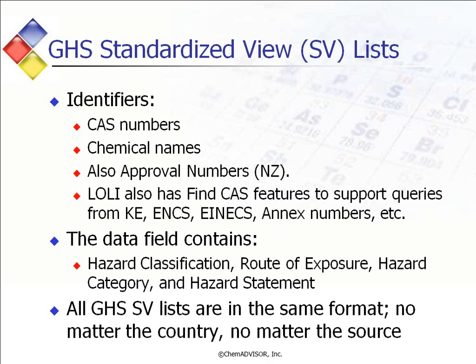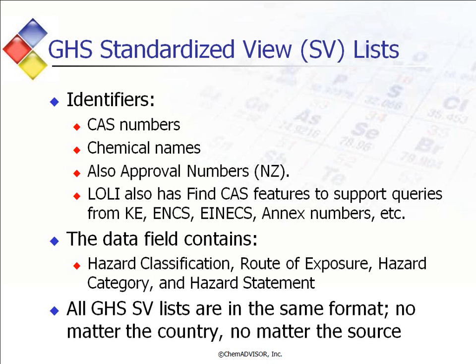The data fields on these lists include the hazard classification, the route of exposure, if appropriate, the hazard category, and the hazard statement, which includes the hazard code. And that's the majority of the list.